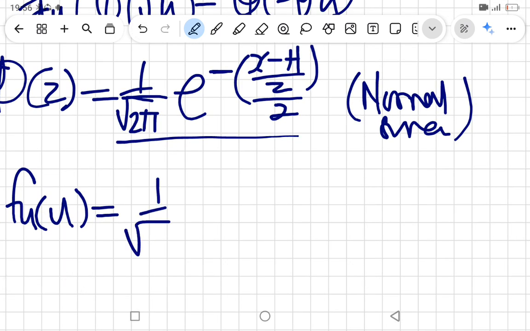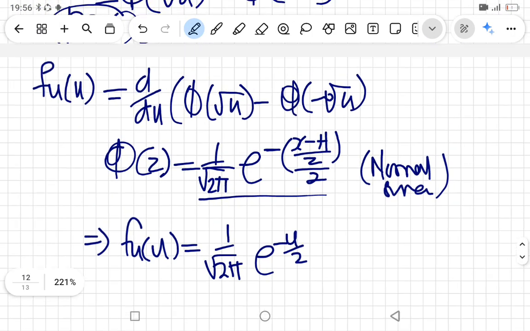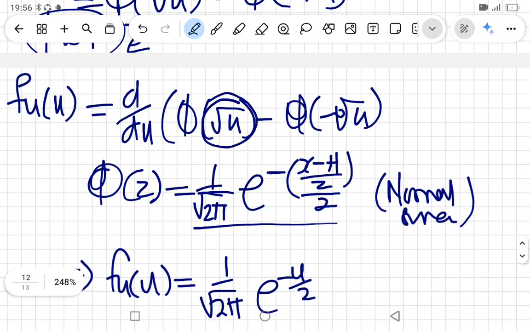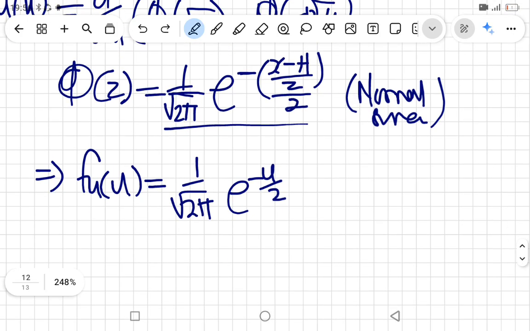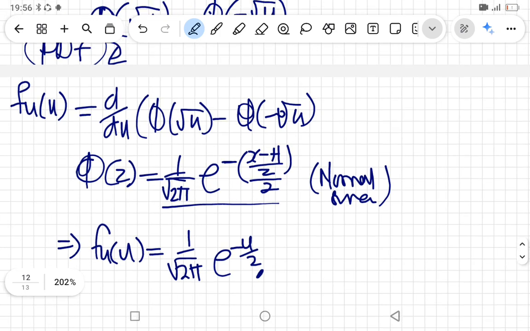Suppose that now we let this be U, then over 2. Since we are having root of U, basically this means that here I'll multiply by U to exponent negative half.